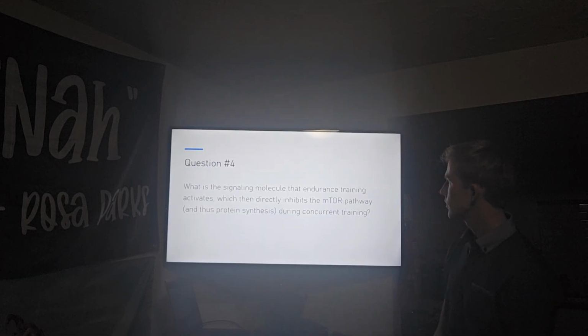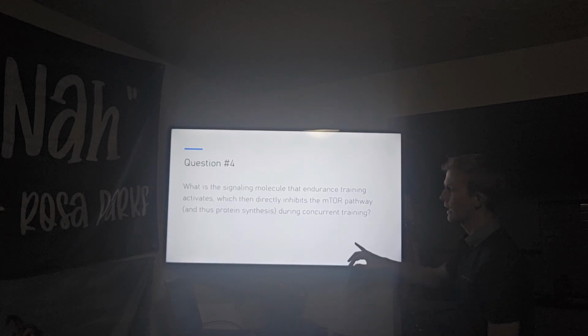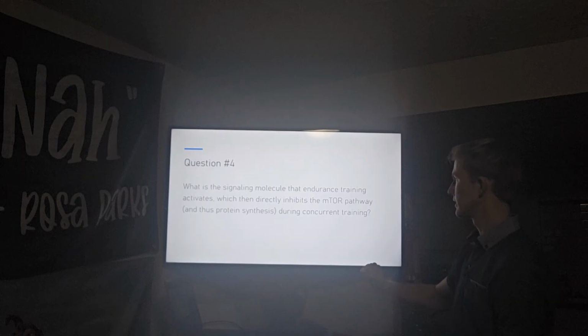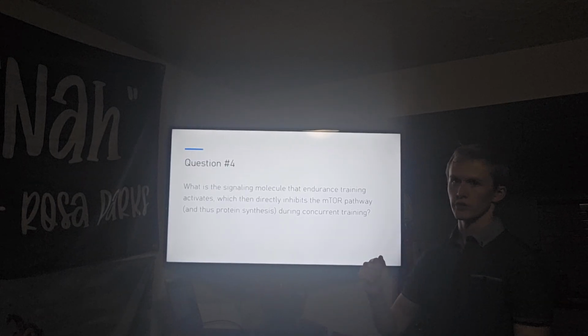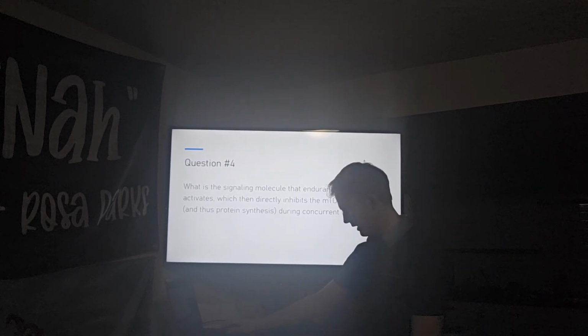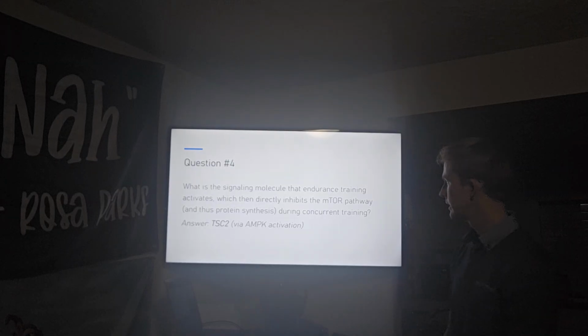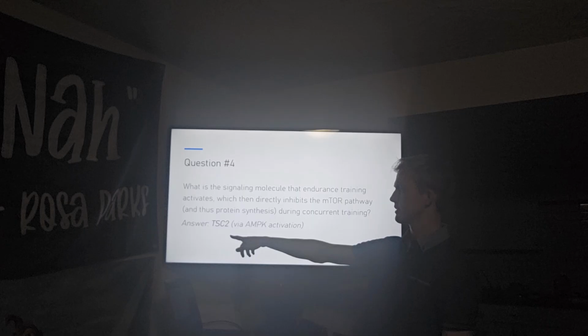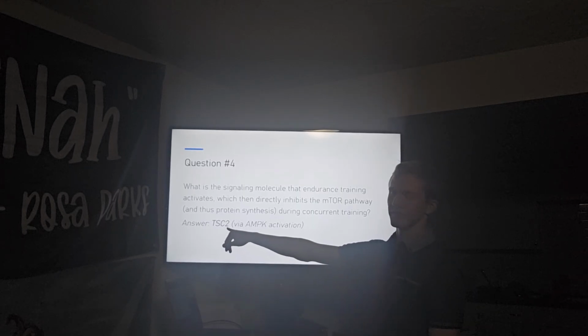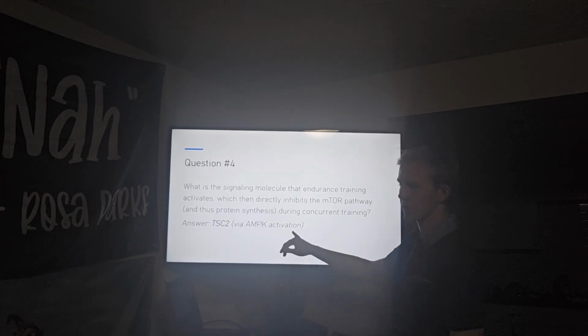Question 4. What is the signaling molecule that endurance training activates, which then directly inhibits the mTOR pathway and thus protein synthesis during concurrent training or resistance training? The answer would be the TSC2 or the AMPK, because that activates TSC2 and then inhibits the mTOR, right?